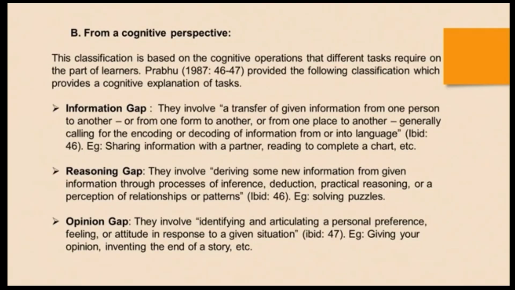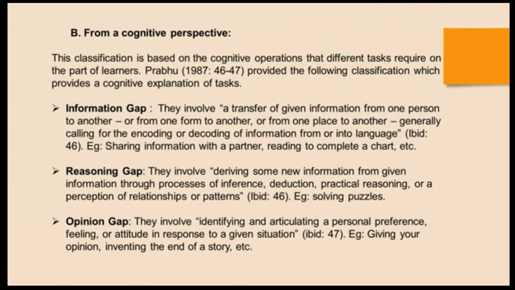The second classification that we are going to analyze in this class is that coming from Prabhu's work, dating back to 1987. This categorization was one of the first to be developed and has been considered in most teaching materials so as to develop task sequences.